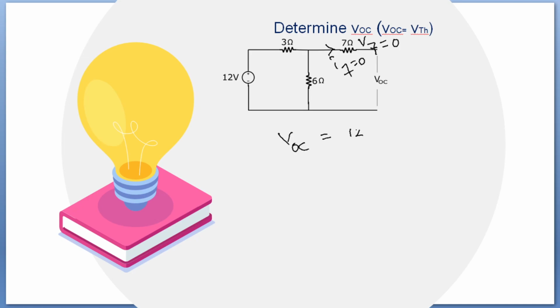So it is 12 into 6 by the total resistance, 6 plus 3, which is equal to 72 divided by 9, which is equal to 8 volts. So VOC is equal to 8 volts. This is step 2.